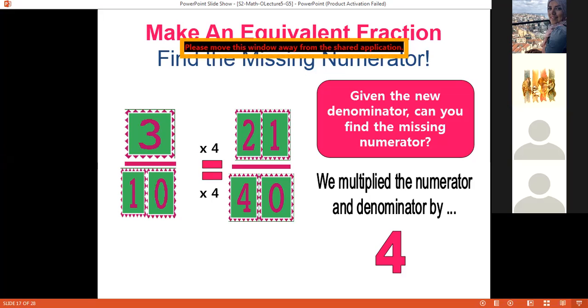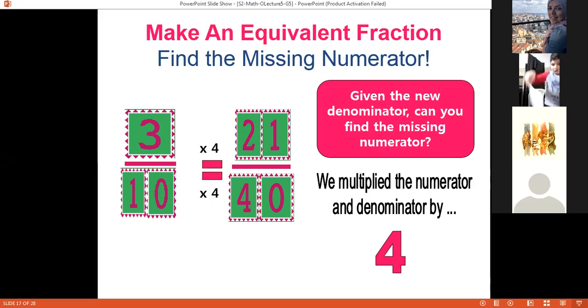No. So how can you solve the worksheet if I didn't explain how to compare fractions?